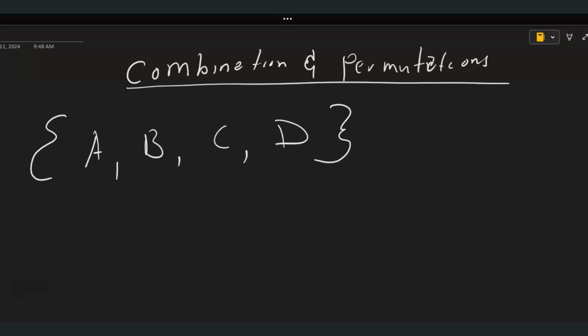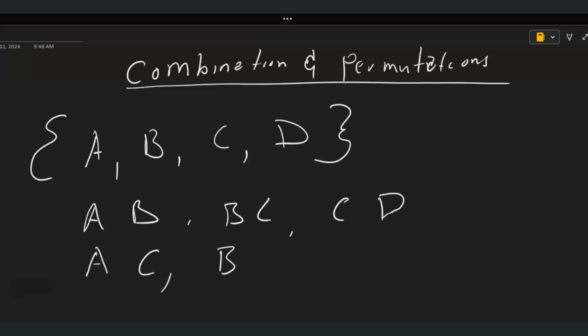So I know for sure that I have A, B there, so I can select these 2. I can also select B, C. I can also select C, D. I can also select A, C, or B, D, and the like.